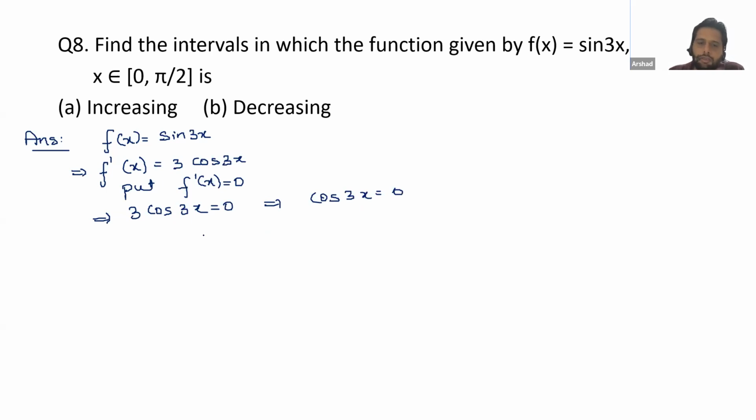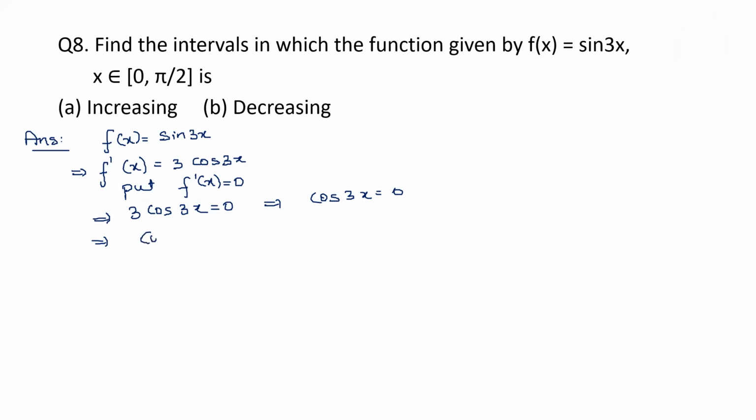Nabil, will you please tell me for what value of x the cos is 0? Can you tell me the value of x for which this cos is 0? 0, sir. No, cos 0 is 1. Can you tell me the value for which the cos is 0? 90.